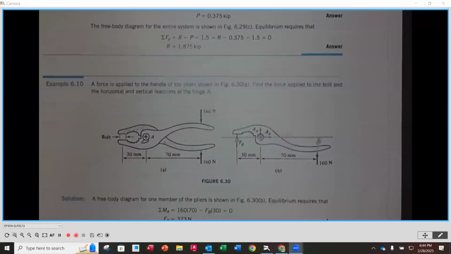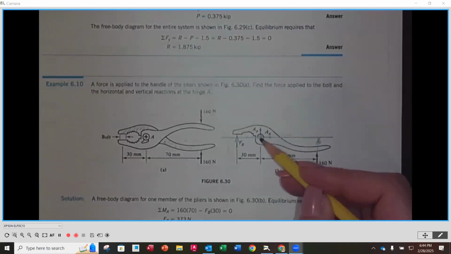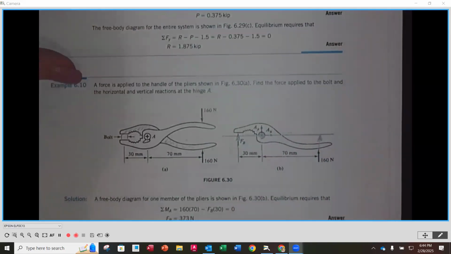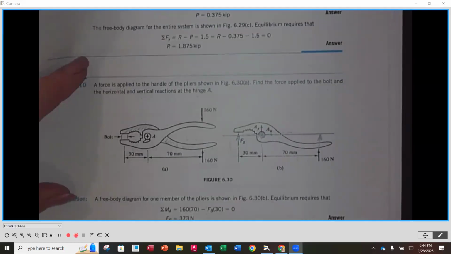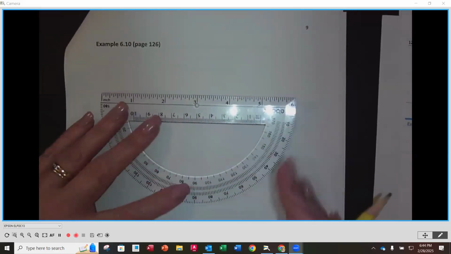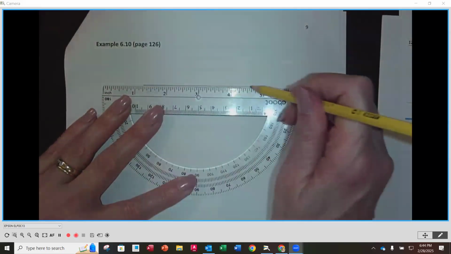So again, they want us to find the force that a bolt would see given the application force here on the handle and then the position of the pin. And then we want to also figure out what is going on at the pin, like what is the reaction going to be there. So let's go ahead and simplify this and create a free body diagram. I'm going to make my diagram just a straight line, okay?